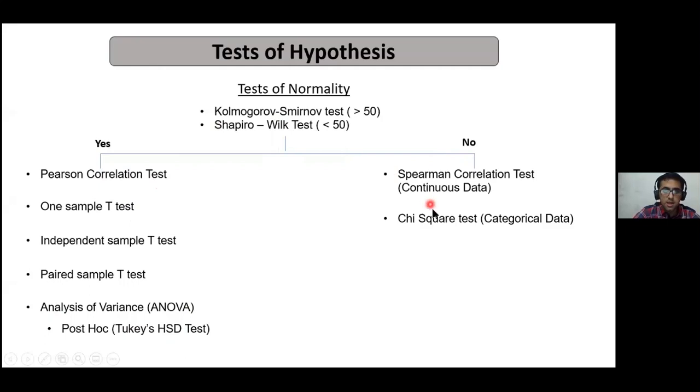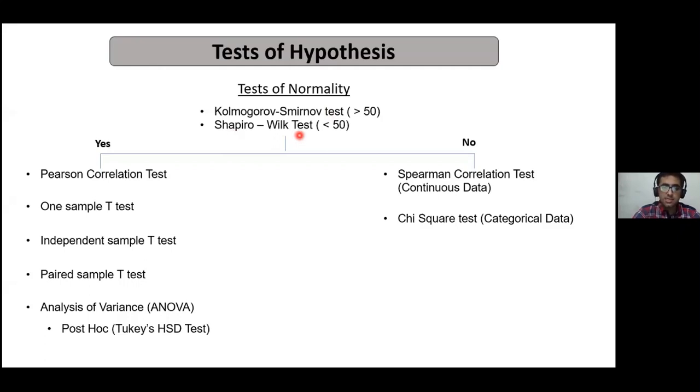So just understand what tests we use in testing of hypothesis. For the test of normality, it can be either the Kolmogorov-Smirnov test or the Shapiro-Wilk test. The Kolmogorov-Smirnov test is used when the number of observations in our test is more than 50.